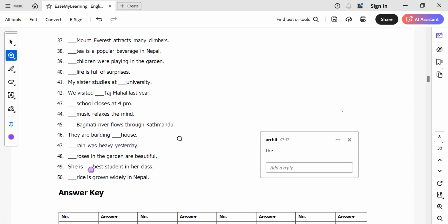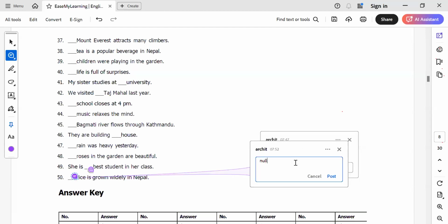Who has given the first answer? Manoj, it's null. Yes, the correct answer is null. Great, Manoj. And now Manoj and Samrat have four each. Okay, so let's have a winner now, who is going to give the first correct answer for the last question.